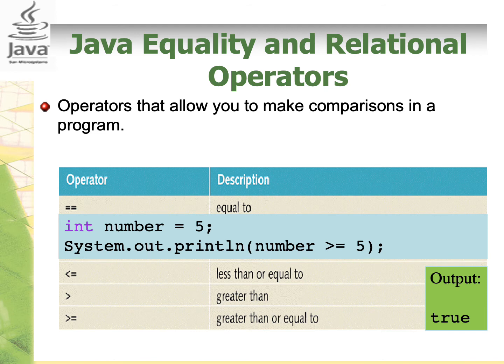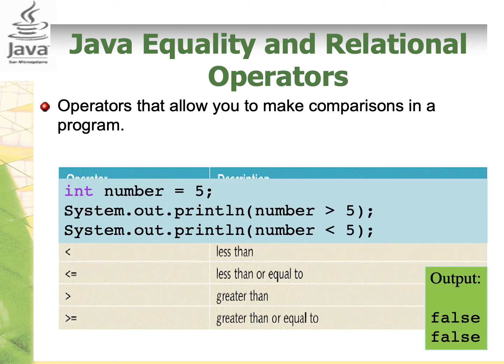Similarly, for larger than or equal to, it will give the value true because number is not larger than 5, but number is equal to 5. For less than and greater than operator, when we do number > 5 or number < 5, both of these will give the output of false because number, which is 5, is not larger than 5 and it is also not less than 5.